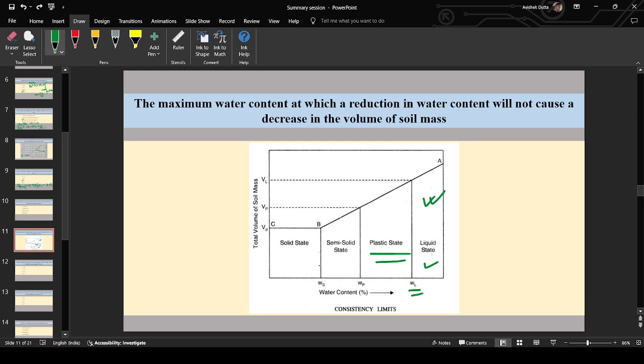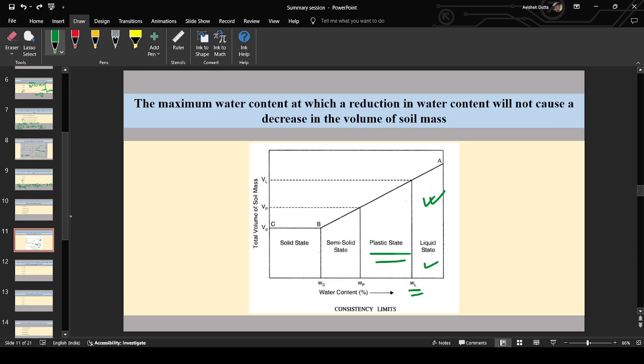Even when we reduce the moisture content in the soil, there is no change in the volume. So this moisture percentage below which there is no change in the volume, even if water is reduced from the soil, is called the shrinkage limit.